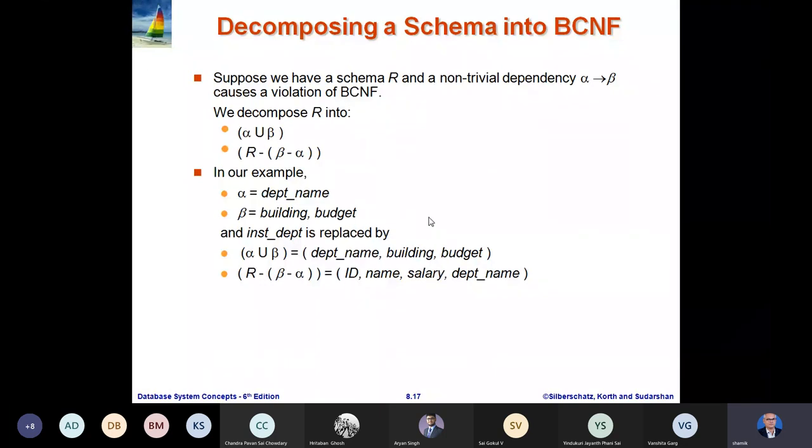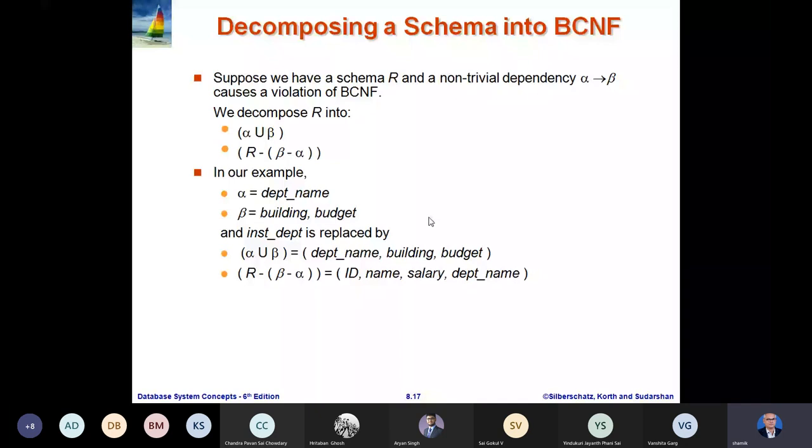But always remember that when we have a large number of functional dependencies in F, and we also have to consider F plus, once we have done this decomposition, it is not guaranteed that each of them individually will now be in BCNF.